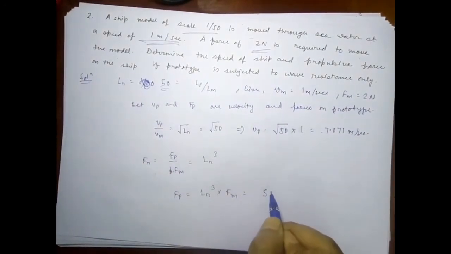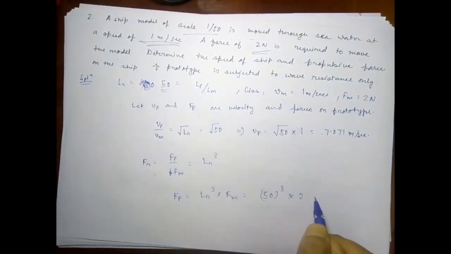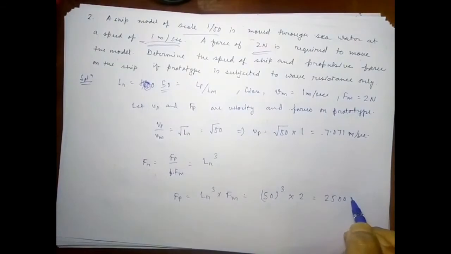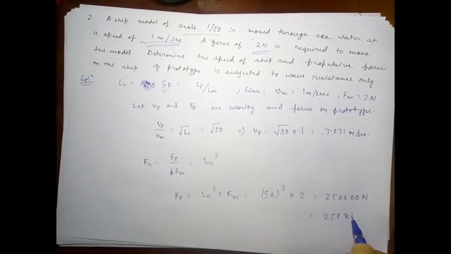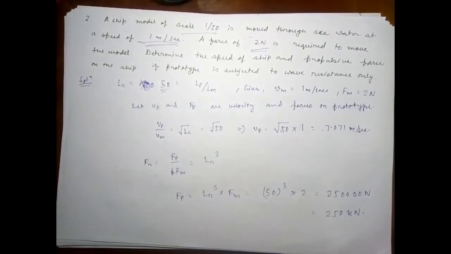So it is equal to 50 cube times FM, which is 2 Newton, thus it is equal to 250000 Newton, or you can write 250 kilonewton is the force acting on the prototype of the ship.